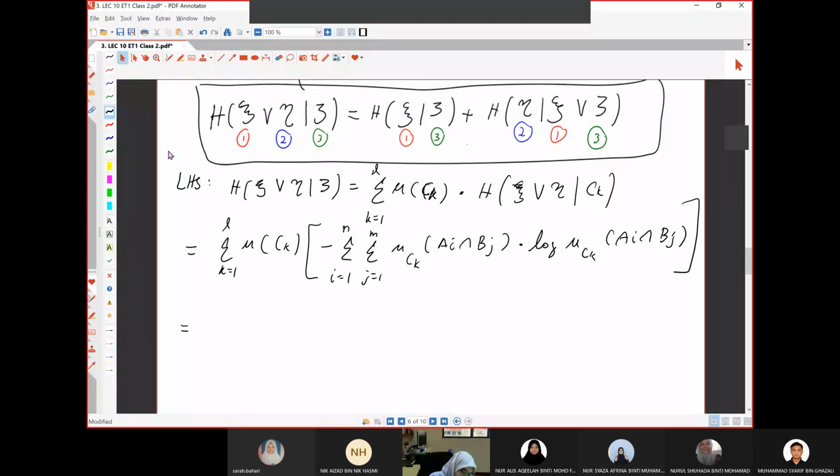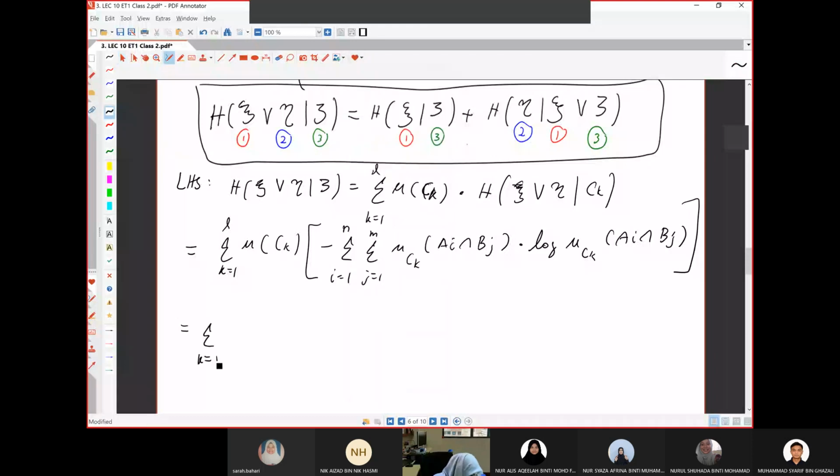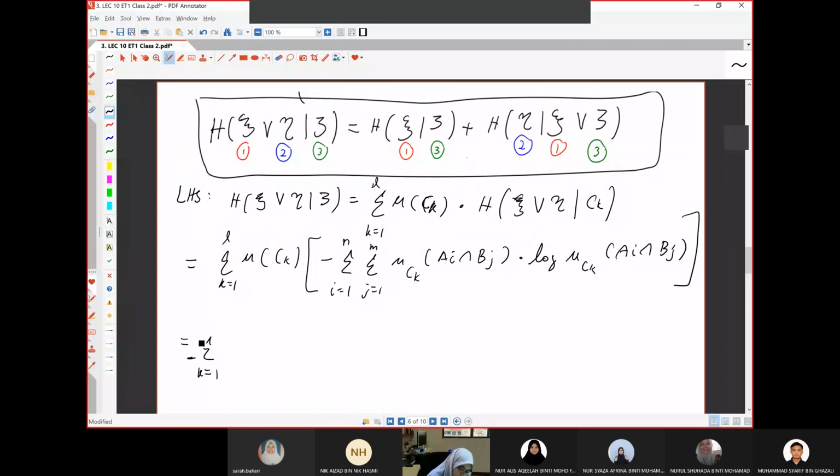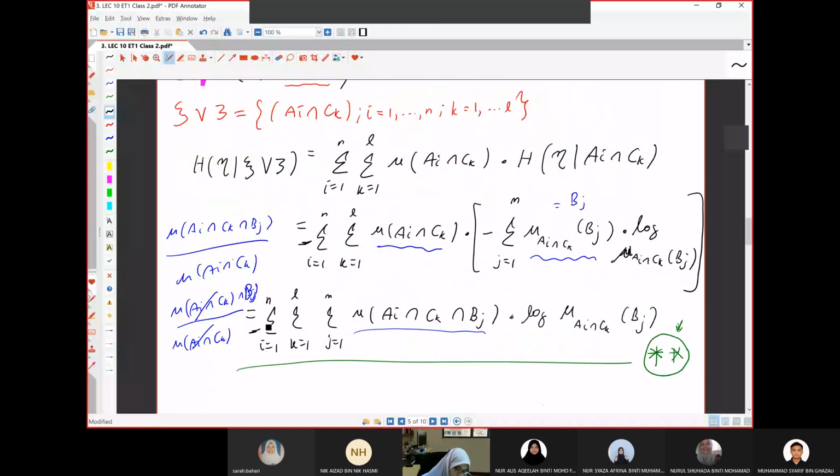So we simplify, we collect all the sums and we have K, minus. We got minus over here. Did I put minus? I forgot to put minus. You got minus. This one doesn't have it, this one has.